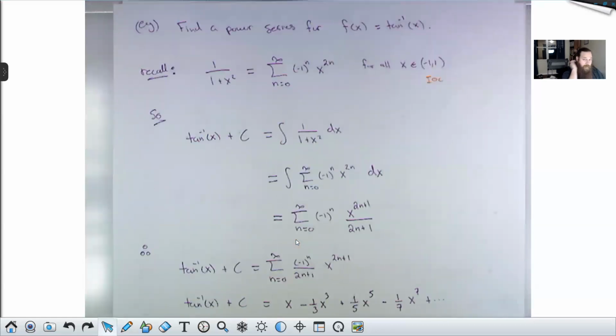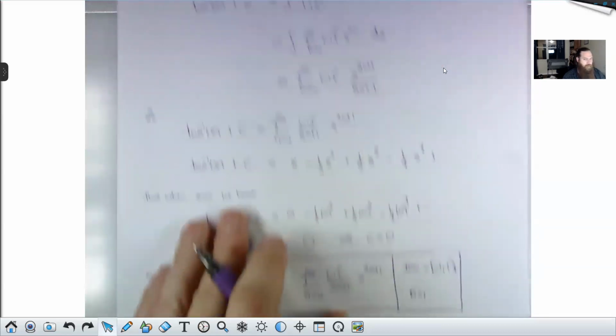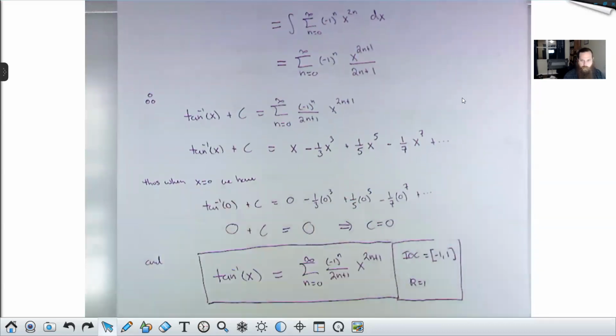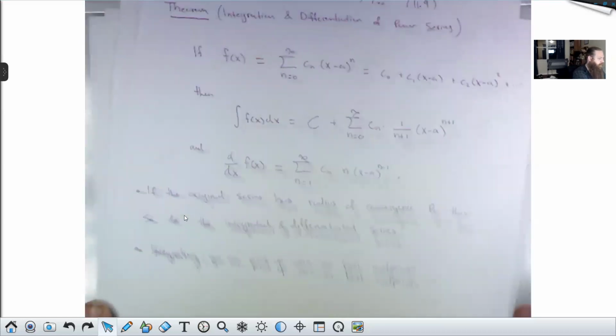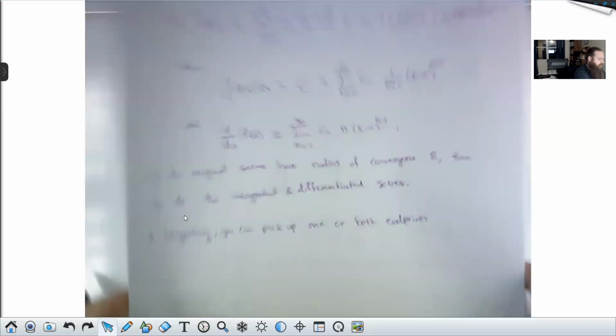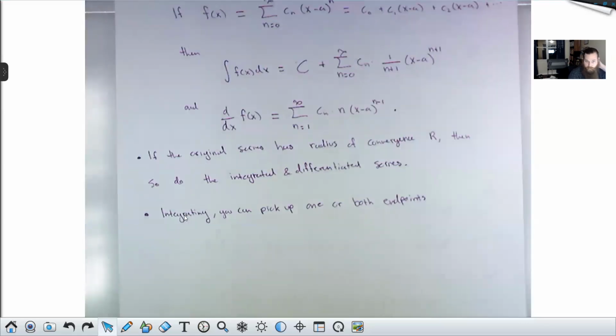But the thing we integrated to get it had an open IOC. So we picked up both endpoints. It's just a fact. You can check it with the ratio test and by testing endpoints, like I said. So when you integrate, it's possible that you pick up one or both endpoints. It's also possible that you don't pick up anything, but you'll never lose an endpoint by integrating.